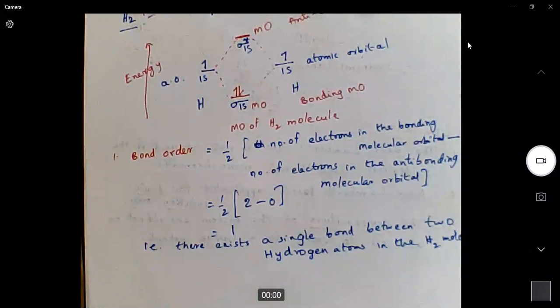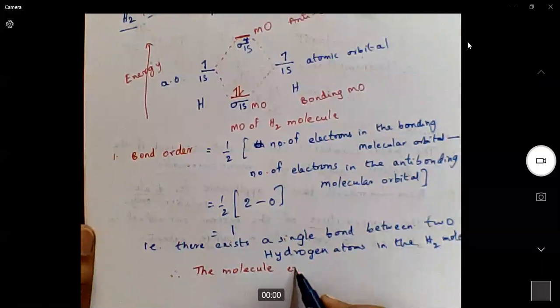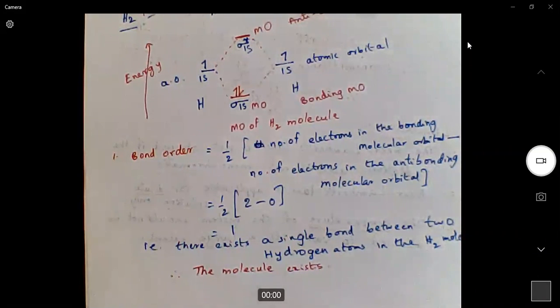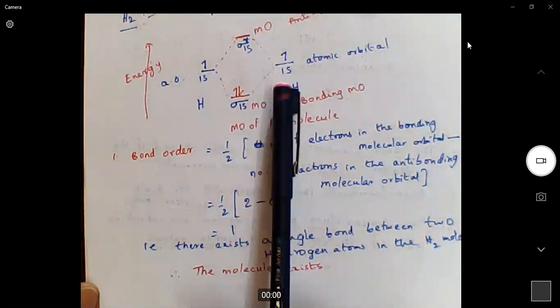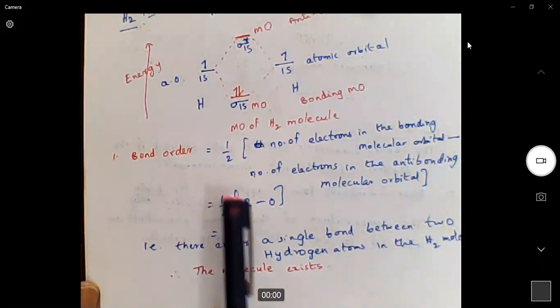Whenever we have a non-zero bond order, what we can infer is that the molecule exists. This is the first point we get from the MO theory. So we draw the MO diagram and try to find the bond order.